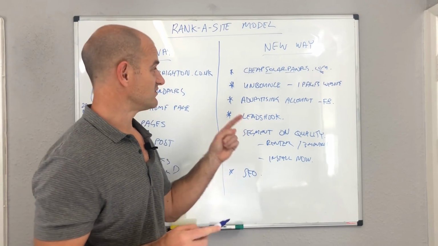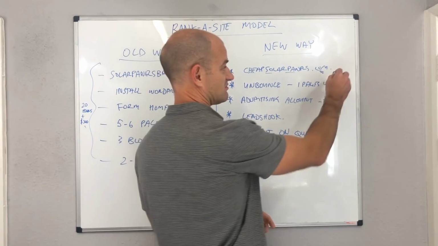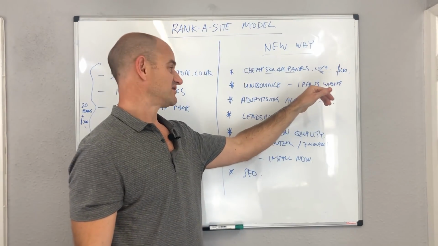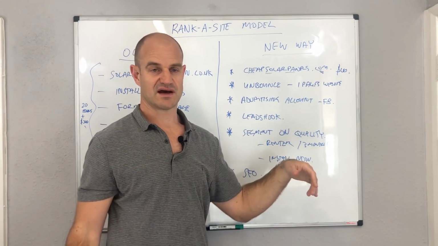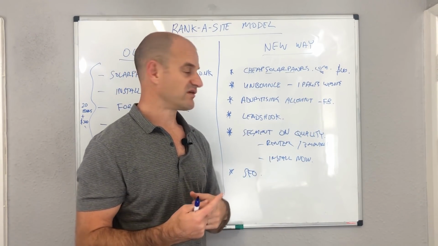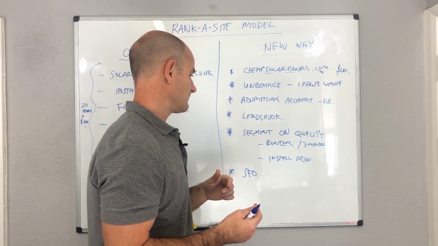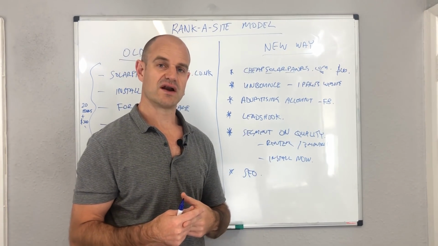And the beauty of it is that this domain costs $10 or whatever that is. Unbounce takes less than a week to set up. The advertising account, you can get set up and running very, very quickly. LeadsHook within a week. All you have to do is find a client, right?